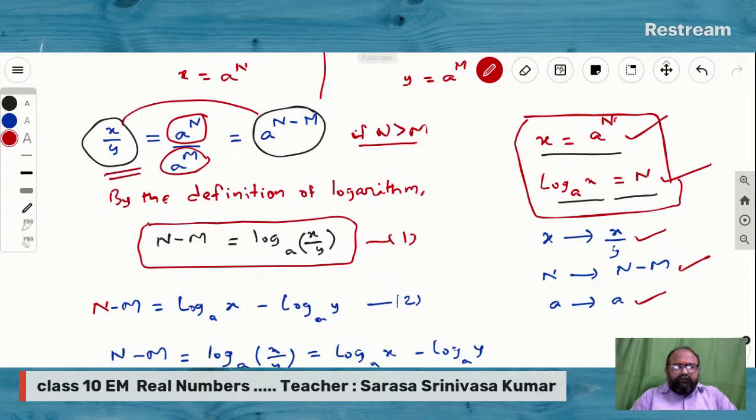So let us observe this. x by y equals a power n minus m is of the form x equals a power n. So by the definition of logarithm we can write log x by y to the base a equals n minus m. This is taken as equation 1.